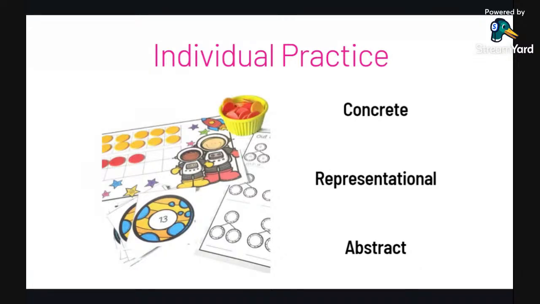So you can see in this individual practice, the concrete, the representational, and the abstract are all combined into one activity. So they have the concrete building with counters on the double 10 frame. They have the representational where they're working those numbers into number bonds. And then they have the numbers at the abstract level where they were just given the number 13 or where they're writing the addition equation to represent that number.